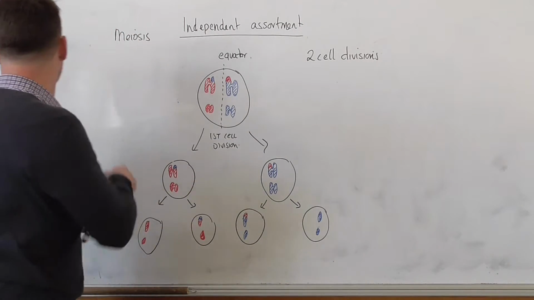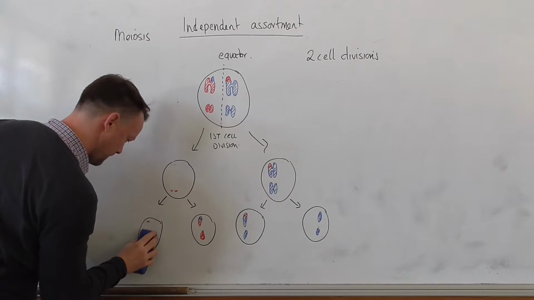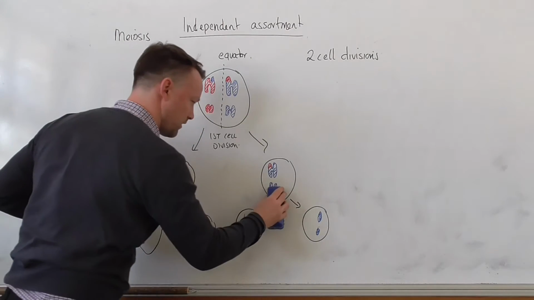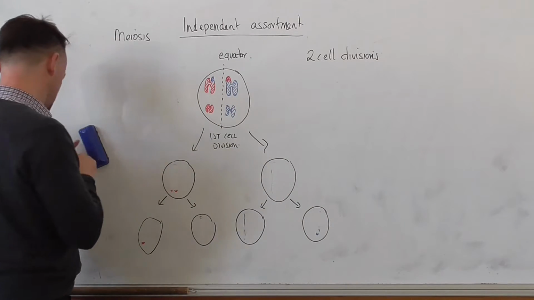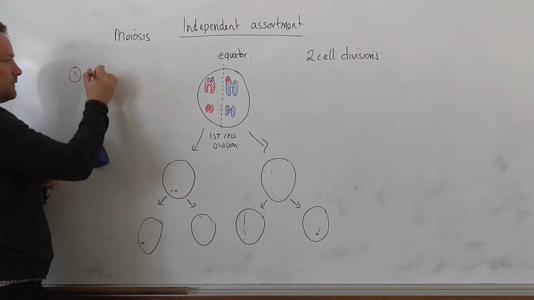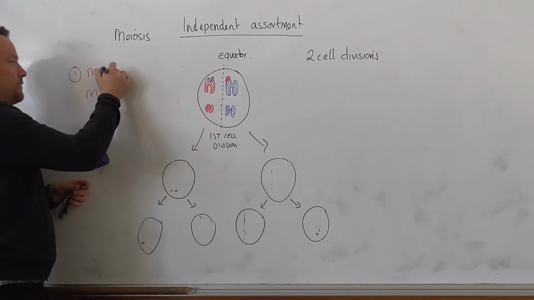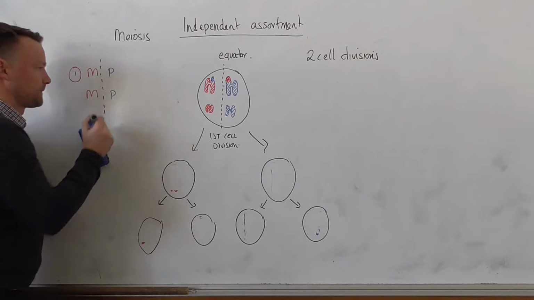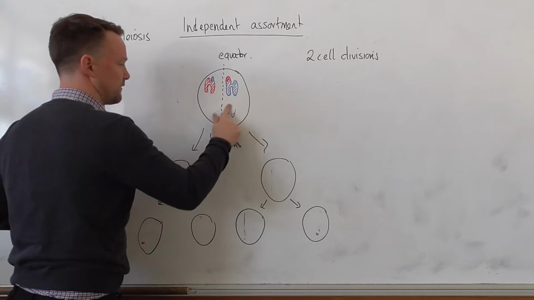is this. Instead of what we've got here, which is what we started off with, where scenario one was maternal, and then paternal and paternal, and there's the equator. Scenario 2, I'll just do up here.